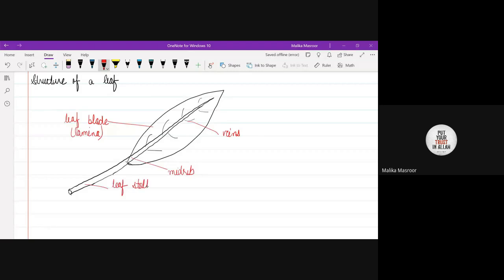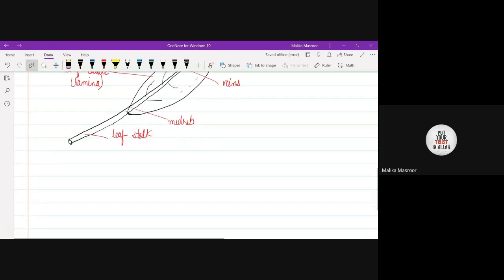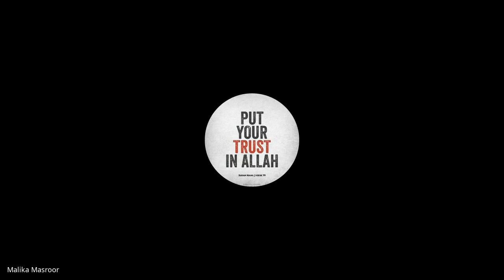And we're like, chloroplast is present, chlorophyll is inside there, photosynthesis takes place here. But if you look at it in detail and talk about the tissues in a leaf, one second, I have a diagram.